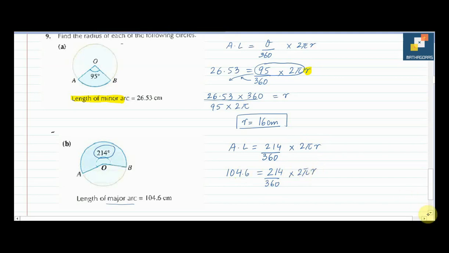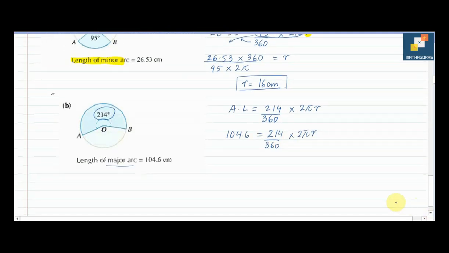Again we need to make r the subject of the equation. It will be 104.6, this 360 multiplies with it, divided by 214 and 2 pi, like we did in the last question, right? Now you need to calculate it. So 104.6 multiplied by 360 divided by 214 divided by 2 and divided by pi.